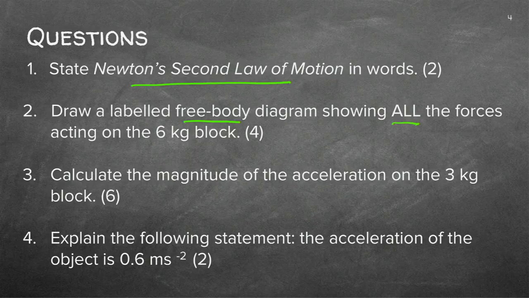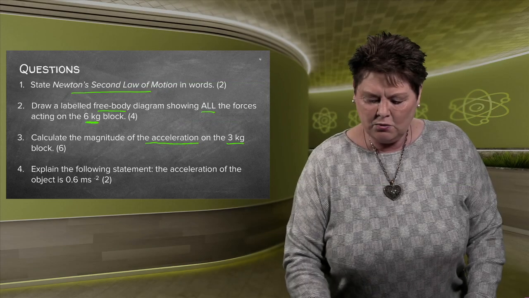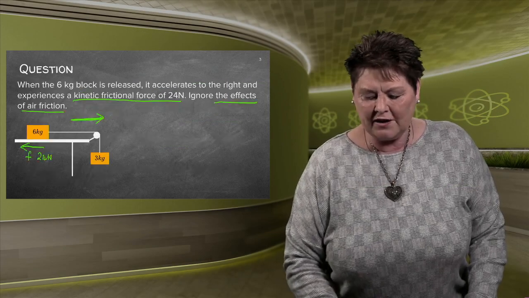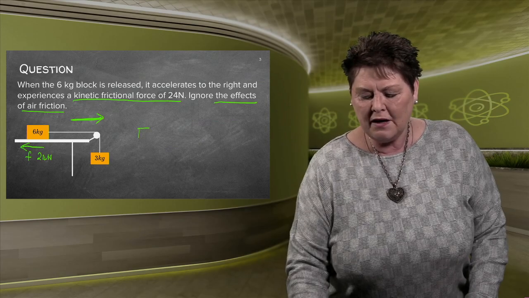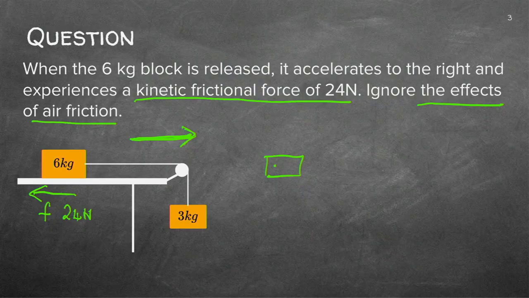In this case, on the 6 kilogram block, then the magnitude of the acceleration of the 3 kilogram block, and then the following statement, the acceleration is that, explain that. I just want to go back to this diagram. Remember they asked me the free body diagram of the 6 one. You have to draw both the free body diagram on the 6 one and the 3 one, otherwise you can't do your calculations, even if they only ask the one.